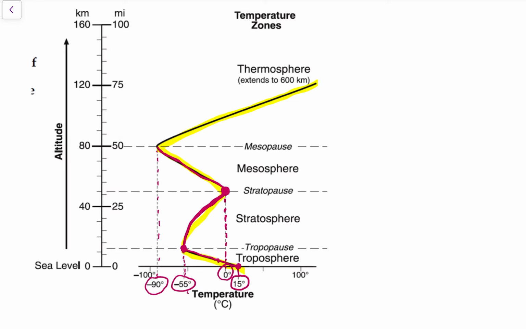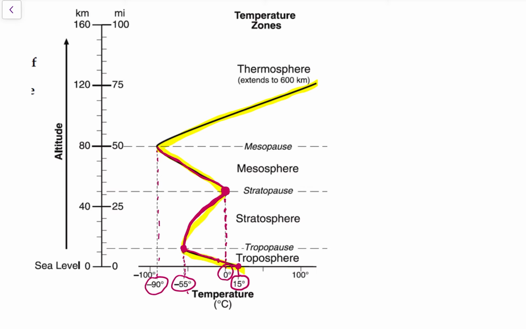So in the mesosphere, the temperature at the bottom is 0 degrees Celsius, and as I move up in the mesosphere, the temperature goes down to negative 90 degrees Celsius. In the mesosphere, the temperature is decreasing as you move up.